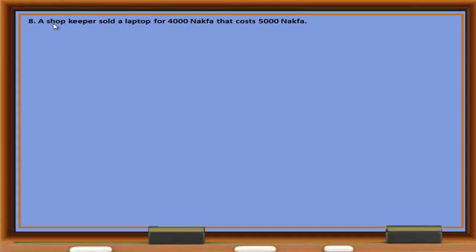Number 8. A shopkeeper sold a laptop for 4,000 nafa that costs 5,000 nafa. A. Did the shopkeeper lose or gain in this sale? B. What is his loss or gain percent? Solution.